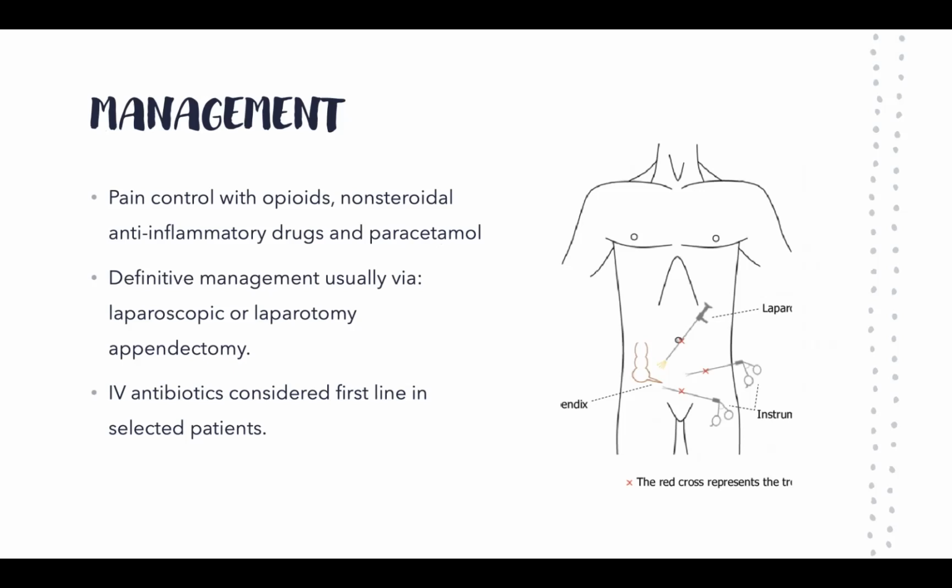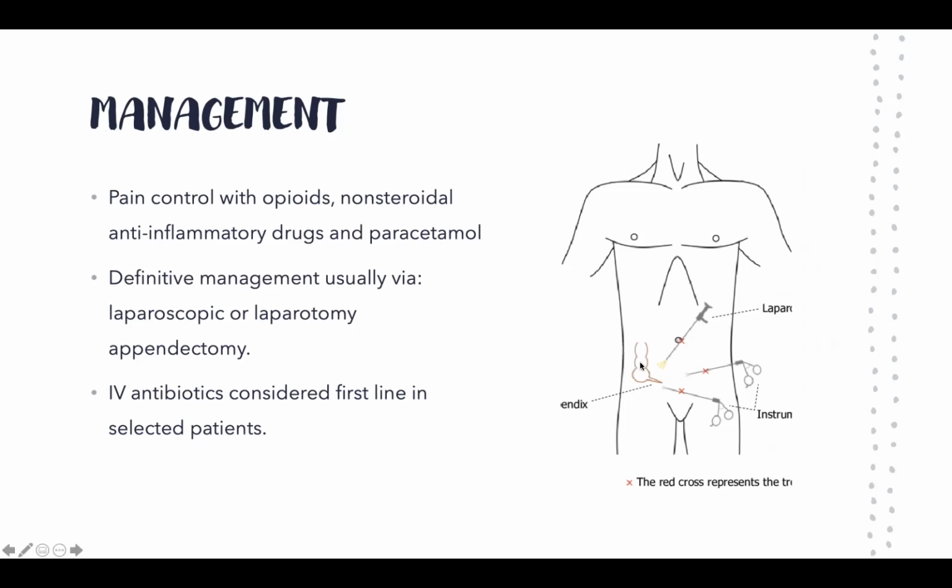Now, definitive management is through removal of the appendix, usually through laparoscopy or laparotomy. Laparoscopy uses several small incisions and is camera guided. This is shown to reduce a lot of complications and even reduces hospital stay after surgery.